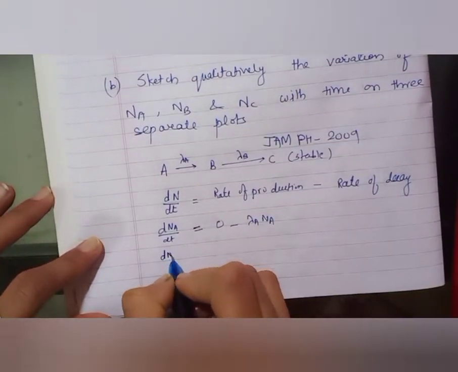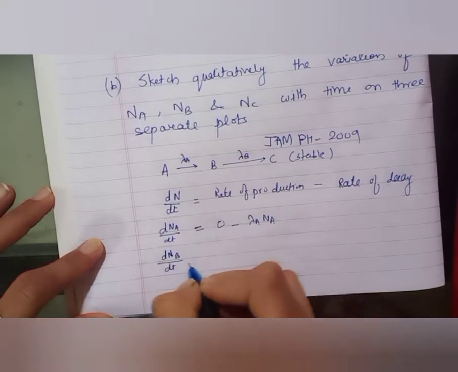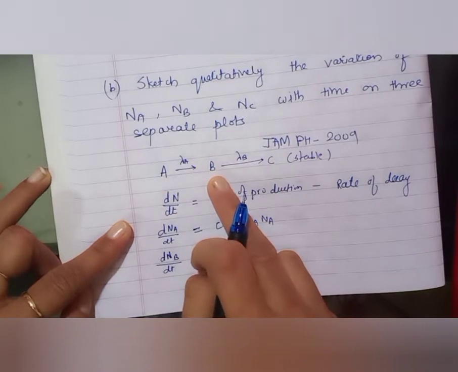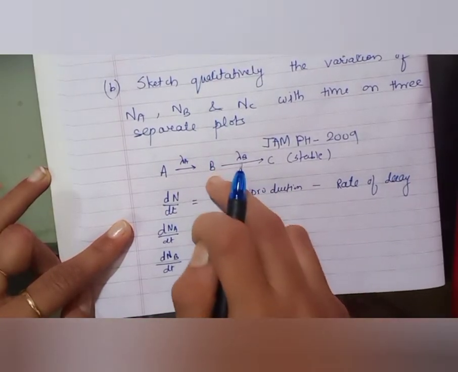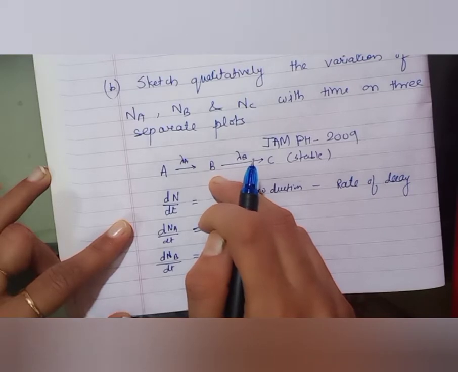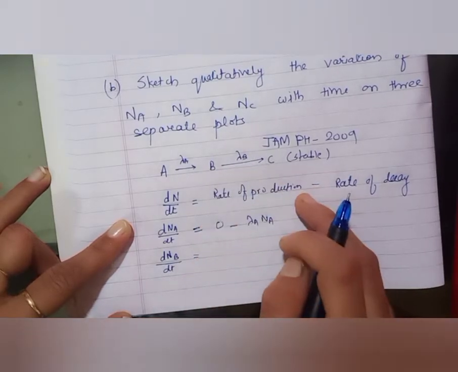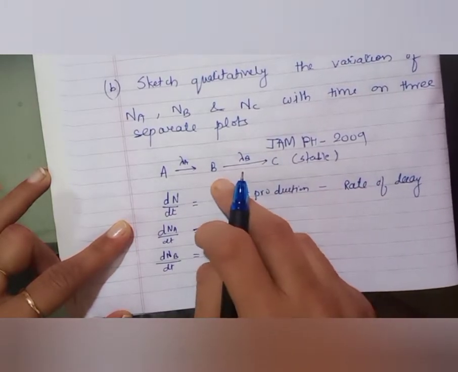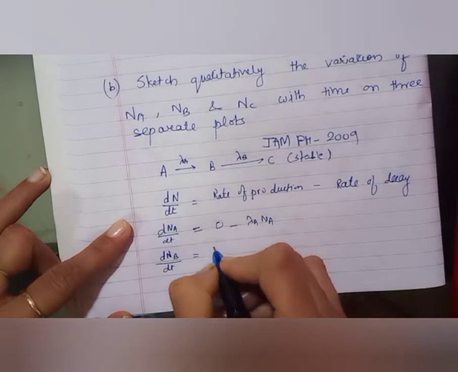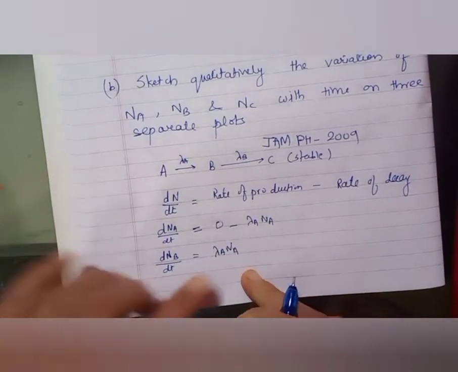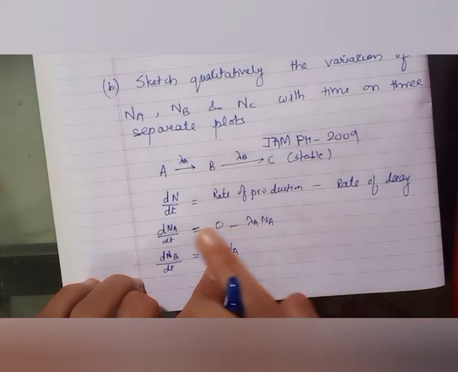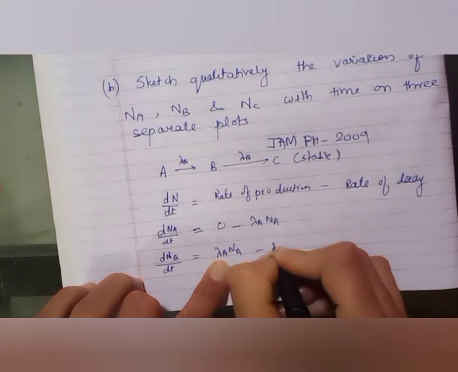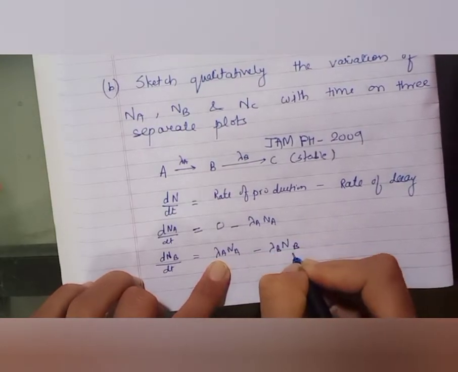Similarly, dNb upon dt. Now element A decays to B, so there is a rate of production of B. That rate of production of B equals the rate of decay of A. The more A decays, the more B is produced. So we can write lambda A Na, the rate of decay of A, equals the rate of production of B: lambda A Na minus lambda B Nb.